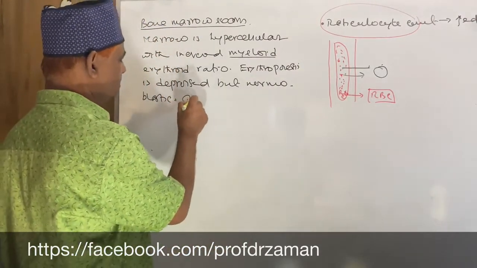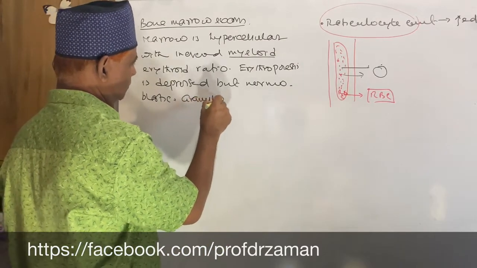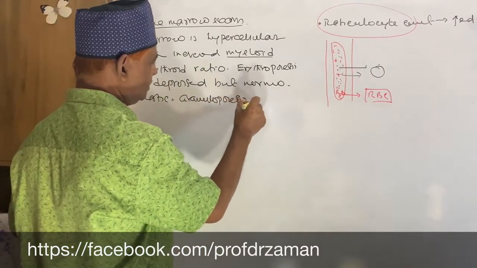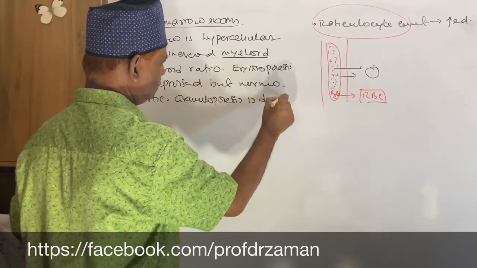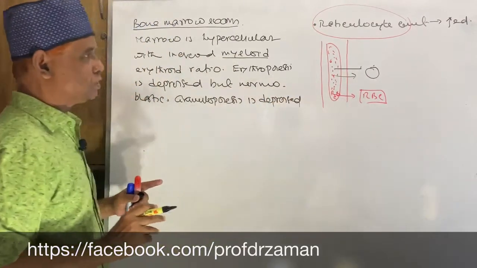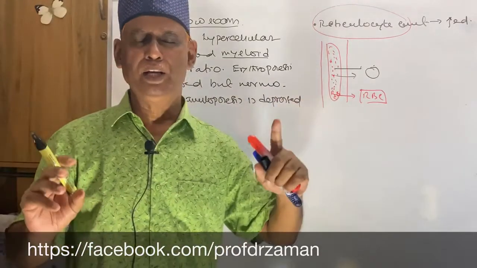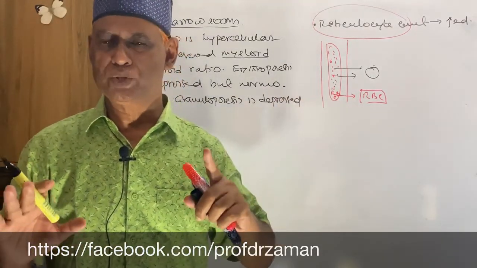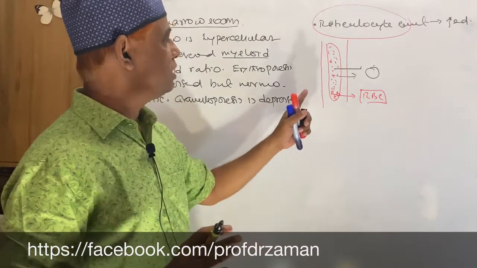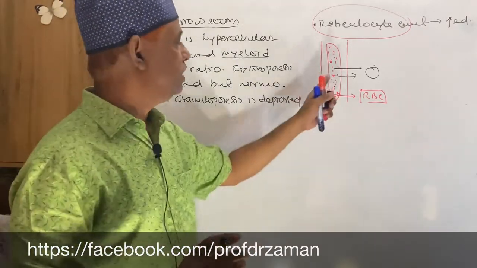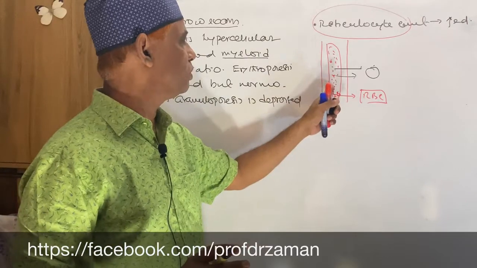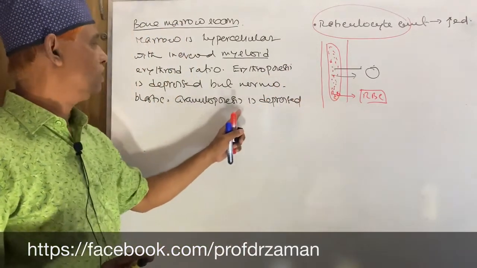Then granulopoiesis is depressed. Why depressed? Normal bone marrow contains a very negligible number of lymphoid series cells. As it is a case of acute lymphoblastic leukemia, lymphoid series cells are increased in the bone marrow, so there is depression of granulopoiesis.